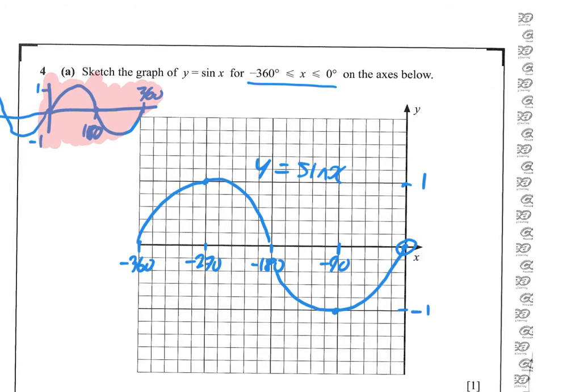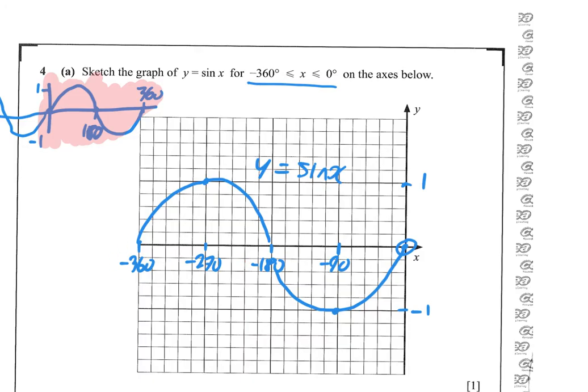Okay, so here I've got my graph drawn. I've just done my 5 wee squares for 90 degrees, so it divides up nicely for a sine graph or a cos graph in every 90 degrees. So this wee section here is the same as over here. On my axes, I've done 0, minus 90, minus 180, minus 270, and minus 360.